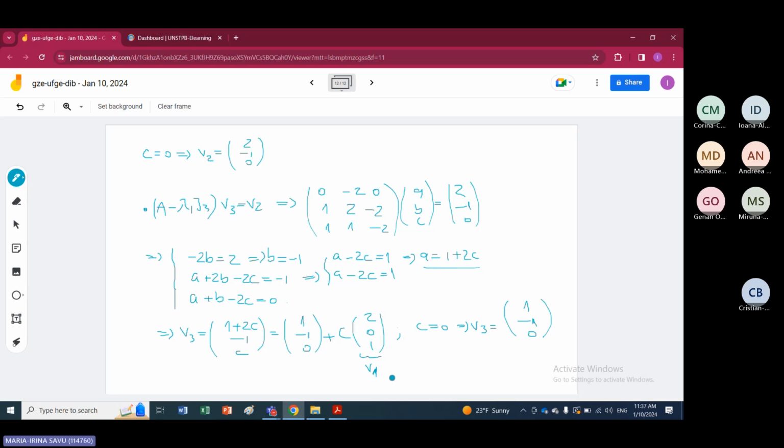The quadratic form problems that you could have at the test are problems in which you have a quadratic form and, using the eigenvalues and eigenvectors method, you have to find the canonical form of that quadratic form.